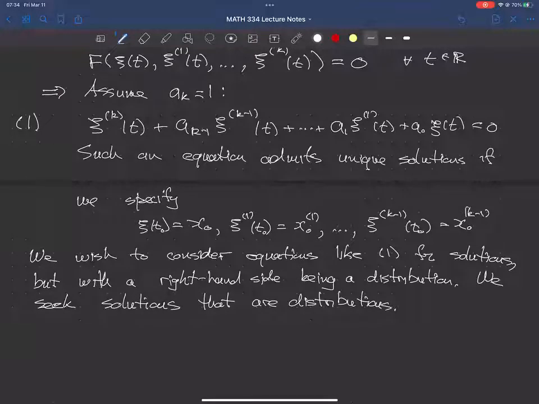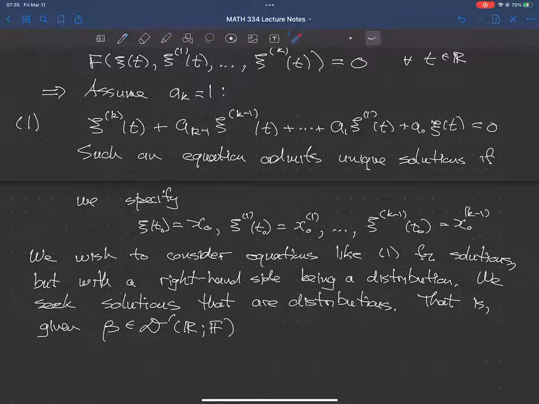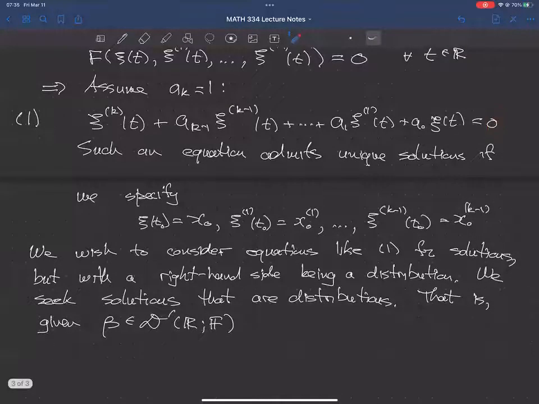Okay, so given a beta, which is a distribution. Beta is going to be my right-hand side here.